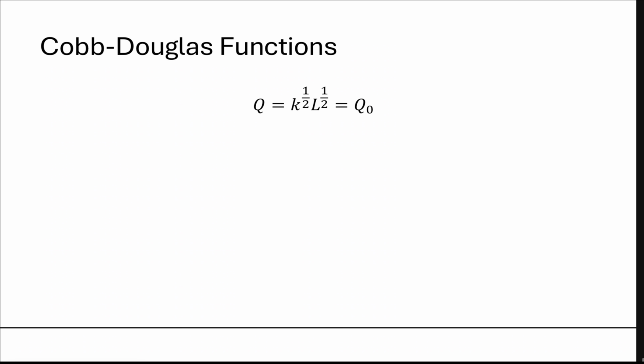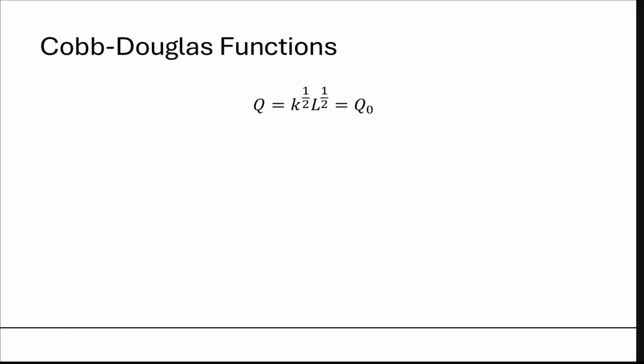If we now had a Cobb-Douglas function, we have k, which usually stands for capital, to the power of something, in this case a half, and then labor to the power of something, which in this case is also a half, because they need to add up to 1. And that is equal to some quantity which we've labelled as Q0.